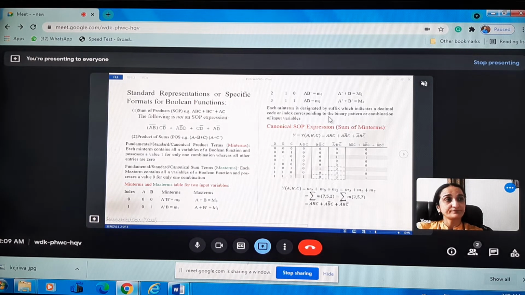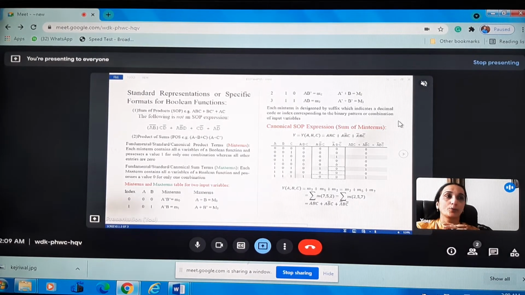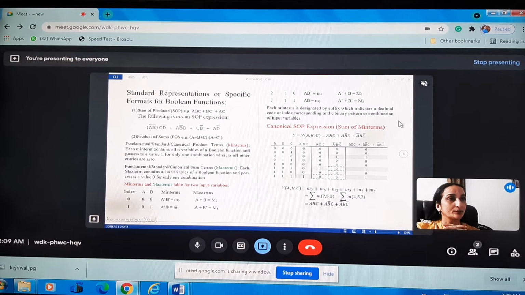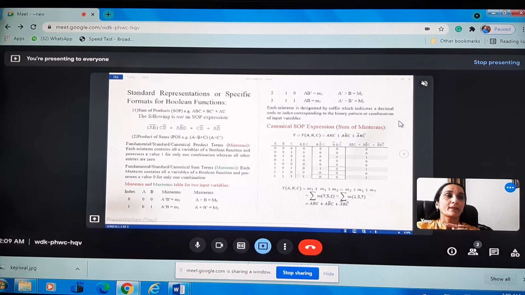So now we come to the canonical SOP expression, or we can say sum of minterms. It is an expression which is written in SOP format and where each minterm or product term contains all the variables of the logic function.